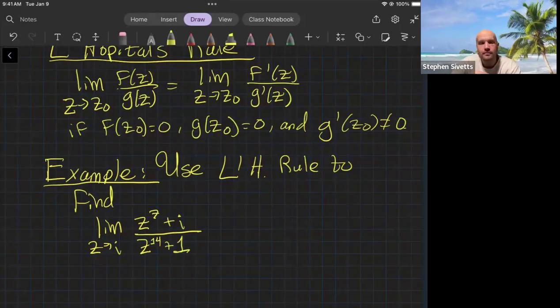Okay, this is the example. Take a few minutes to work on it, while I drink my soda.